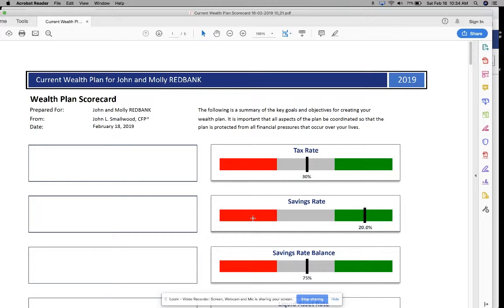Can I develop strategies that are going to reduce those taxes that I'm paying, dividends and interest and capital gains being reported on my plan, etc.? How do I optimize that? And it's unique for each individual person. So the goal in taxes is to pay the least amount of taxes today, pay the least amount of taxes during the accumulation phase, and in retirement, pay the least amount of taxes.